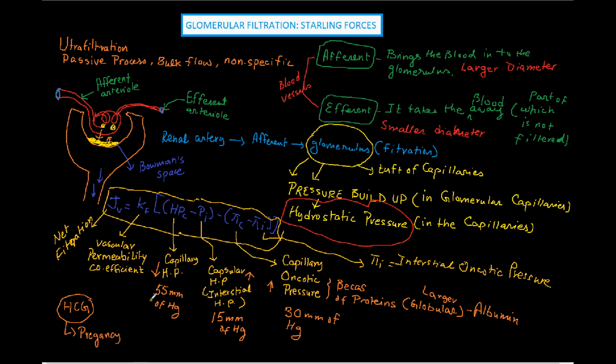So that's small. So you can say there's very little or no protein in the urine under a normal healthy condition or healthy kidney. So the interstitial oncotic pressure is almost zero. We'll put 0 millimeter of mercury.